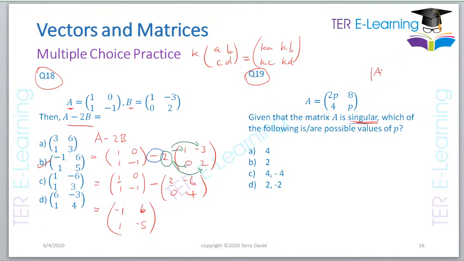So therefore, if this is a matrix A, for this to be singular, the determinant has to be equal to 0. I think Cassie saying P should be 1.